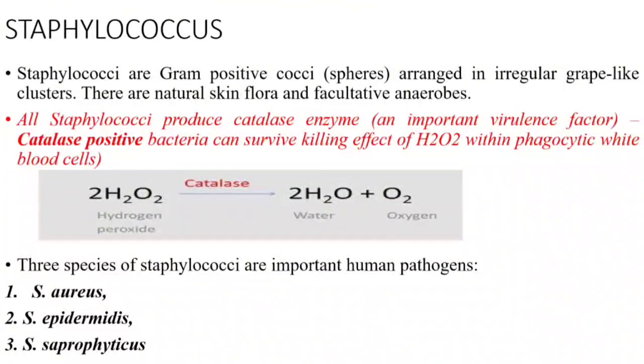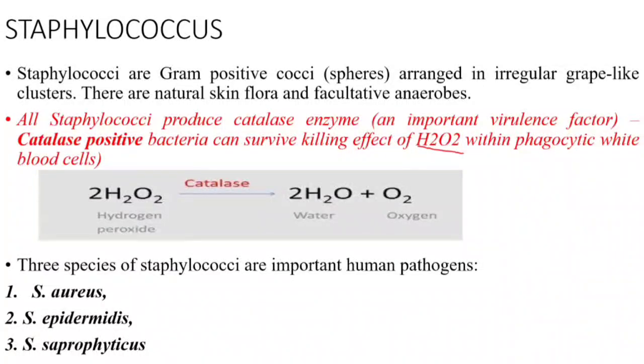Now, in killing microbes, our immune system, typically the phagocytes, kill some of these bacteria using reactive oxygen species, and H2O2, or hydrogen peroxide, is one of them.